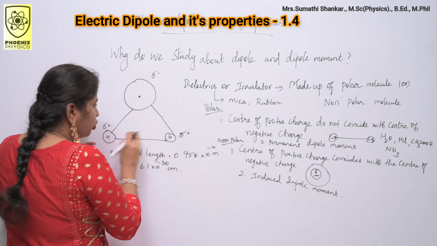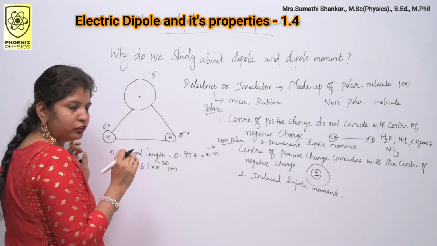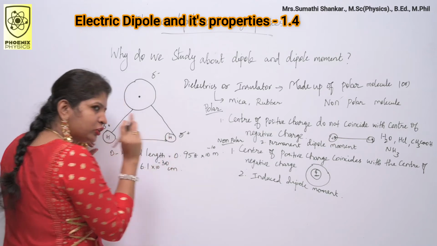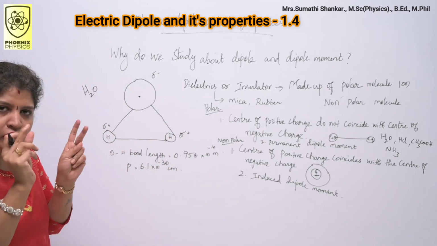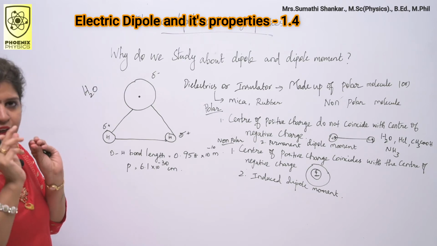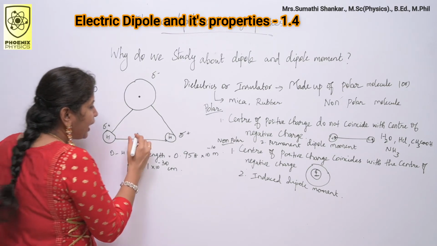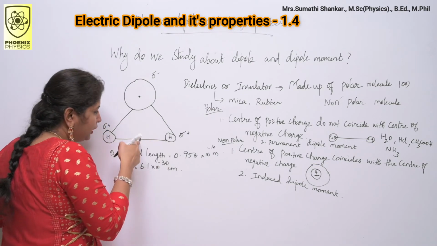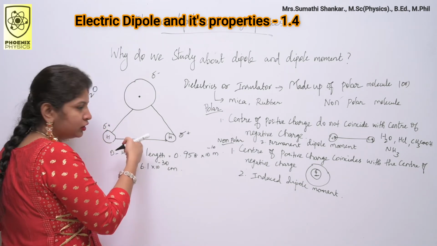Both the hydrogen atoms are positive. This atom has one center of mass and this atom has one center of mass. Add these two center of mass values and take an average. So the average center of mass of the two positive atoms lies at the center.